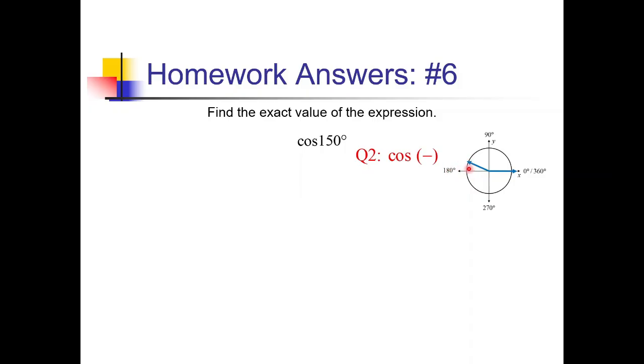So 30 is our reference angle, this angle between the x-axis and the terminal ray. So I'm going to rewrite this then as negative cosine of 30 degrees. And 30 is one of my special angles. The cosine of 30 in my chart that I have is radical 3 over 2. So this then is going to be negative radical 3 over 2.